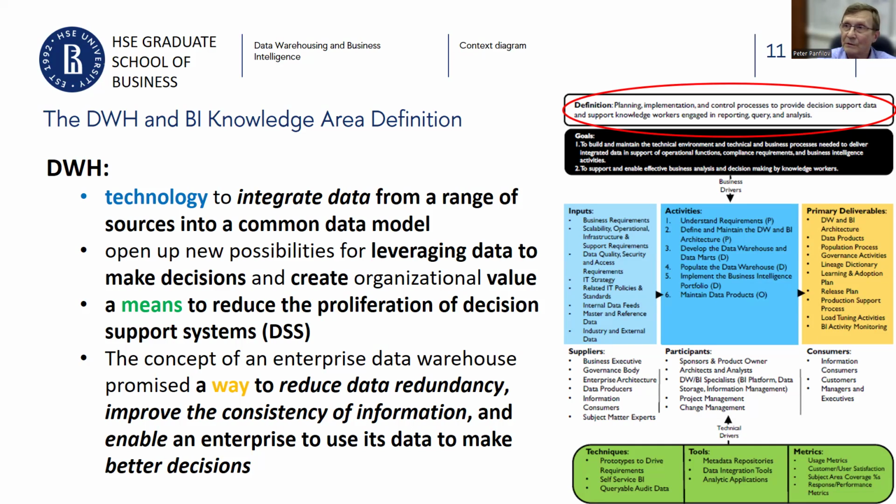Because in previous years, maybe 10, 15, or 20 years ago, decision support systems as a special kind of application were very popular in organizations, and they were considered special expert systems in support of the decision-making process at different levels in the organization.